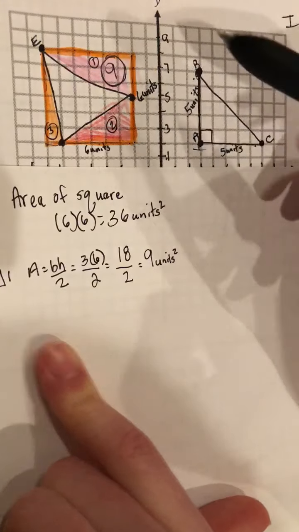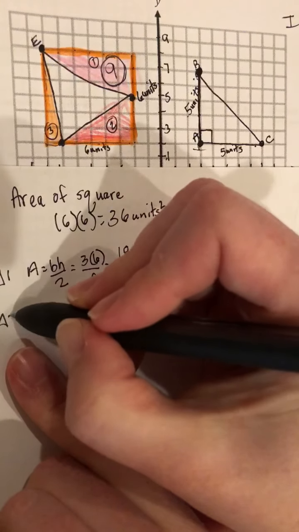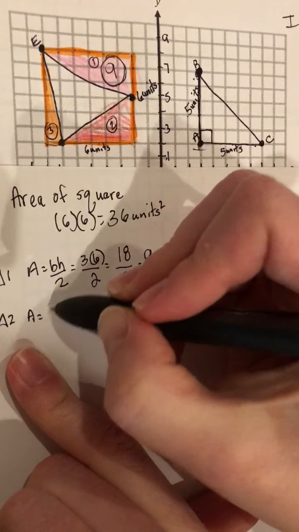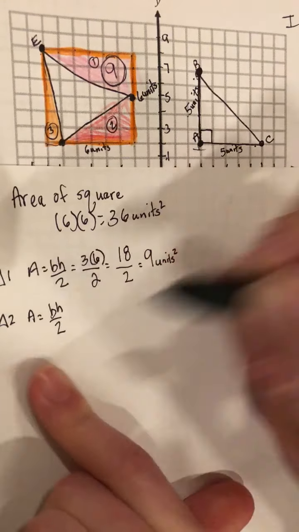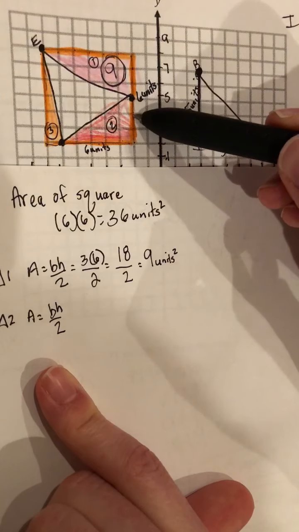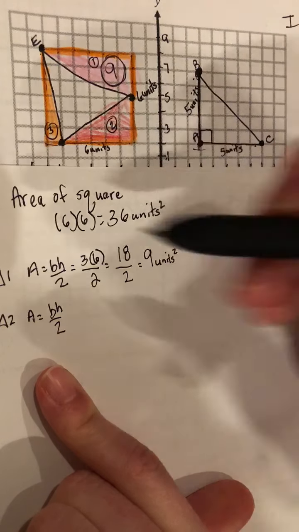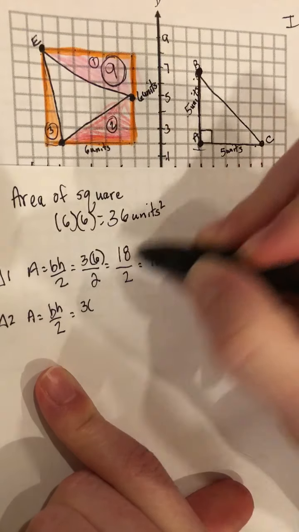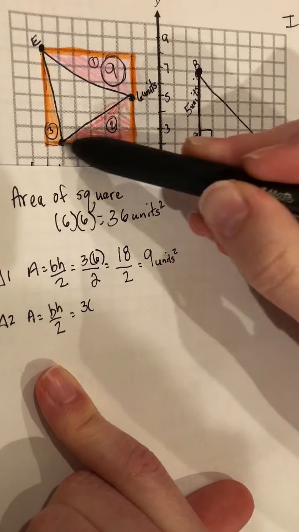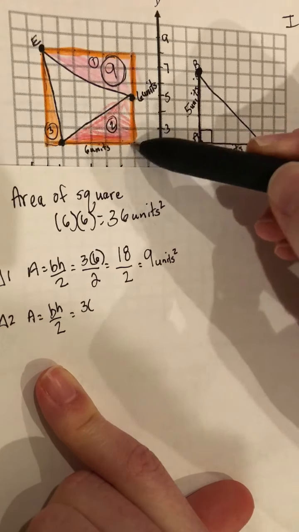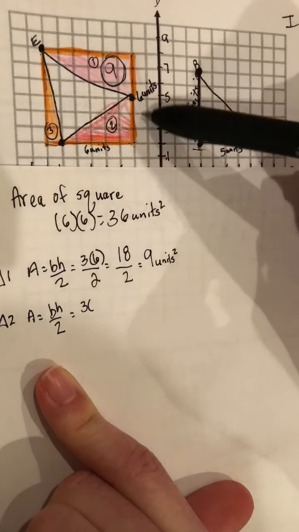Now my second triangle, triangle number 2, A equals BH divided by 2. 1, 2, 3. The base is 3. The height is, and these can be interchangeable. You can say this is the base and this is the height. It's whatever way you look at it.